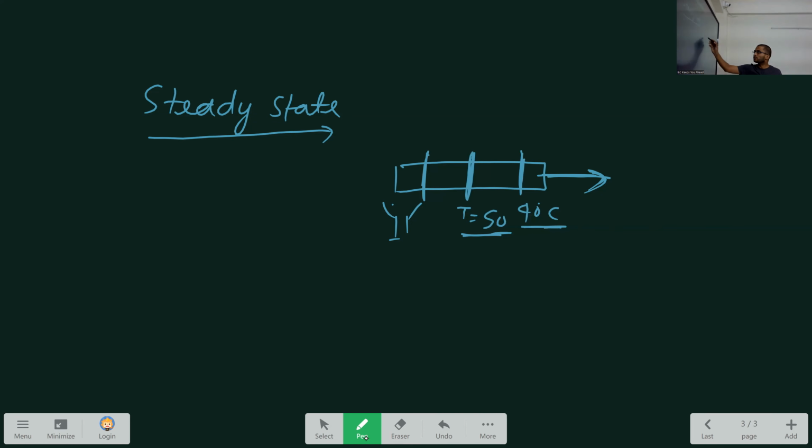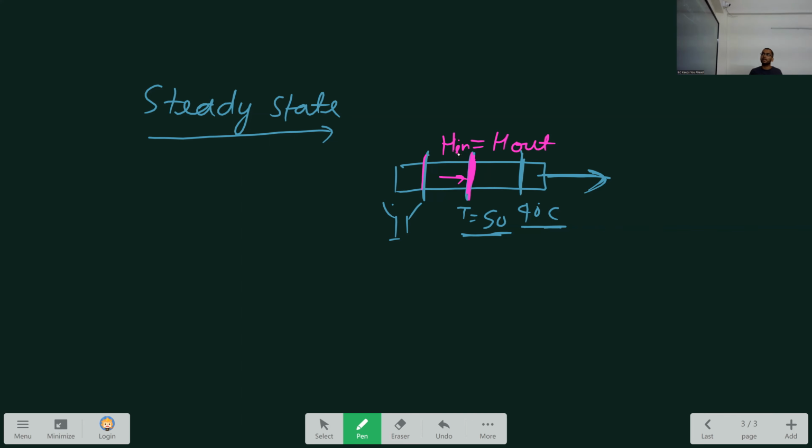Now students, why is it not changing with time? If this point was accepting net heat, then its temperature would have been increasing. If this point was rejecting net heat, then its temperature would have been decreasing. But since it is constant, it means that the incoming heat it is accepting should be equal to the outgoing heat it is rejecting.